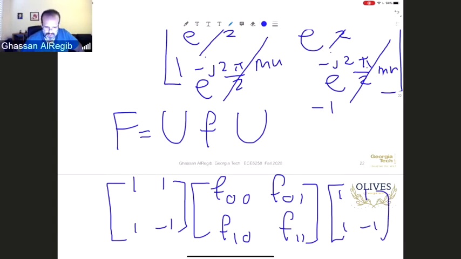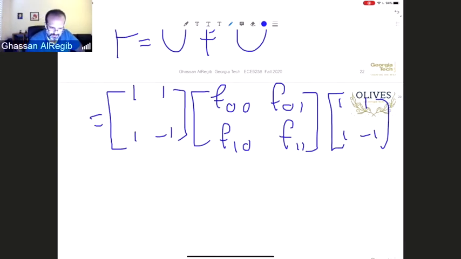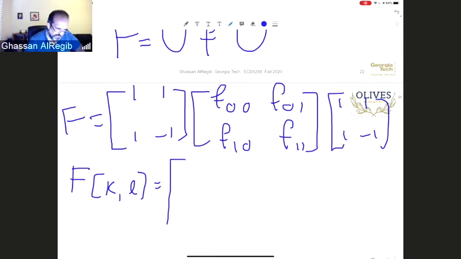And if you do the calculations, this here will be equal to capital F. If you do the calculation, what will be F of 0 and 0, or just F of K and L, or just the matrix, then what I will get is something like F0, 0, plus F0, 1, plus F1, 0, plus F1, 1.